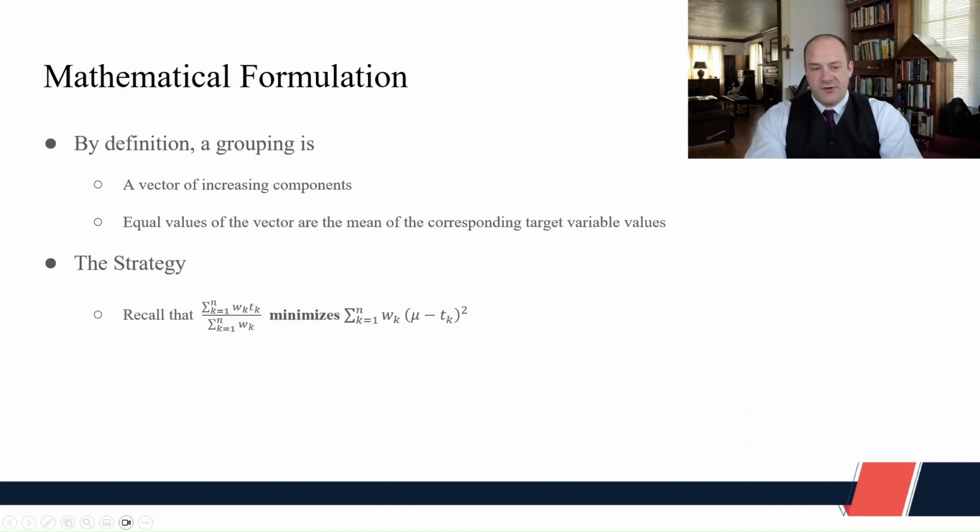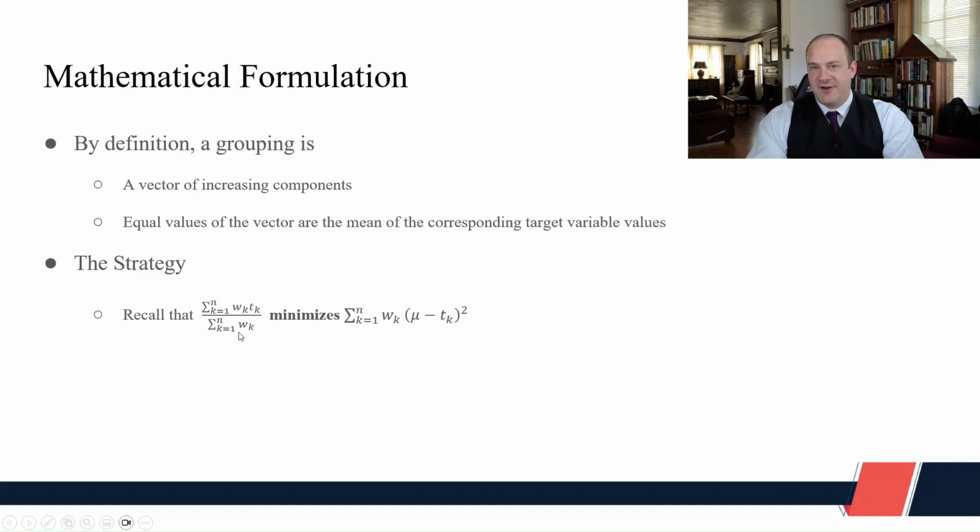And so that's what we're doing here. Now, how do you find such a vector? Well, we recall that when you're looking at a weighted average, so this is your standard weighted average here, it's your weight times the target divided by the sum of the weights.